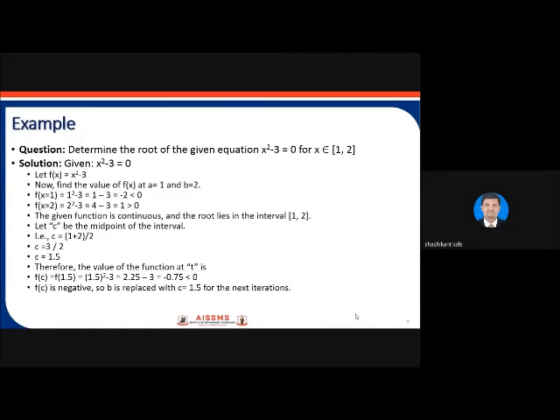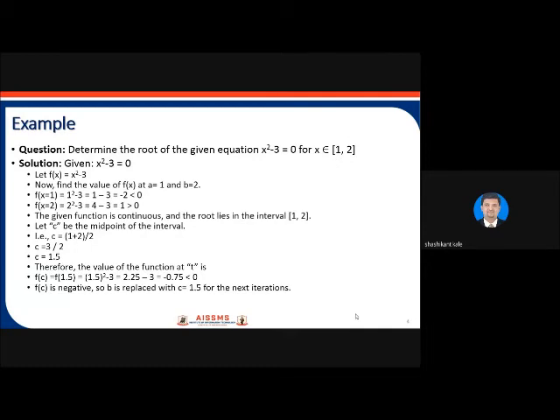That means f of 1.5, that value is minus 0.75, which is a negative side root, and the previous negative side root is a. Now we are going closer and closer towards the root. Now the roots lie not between 1 and 2, but between 1.5 and 2.